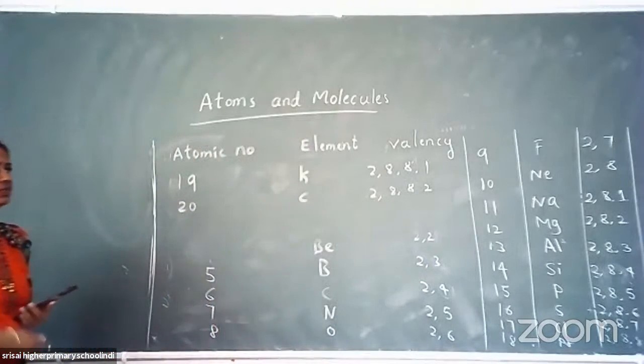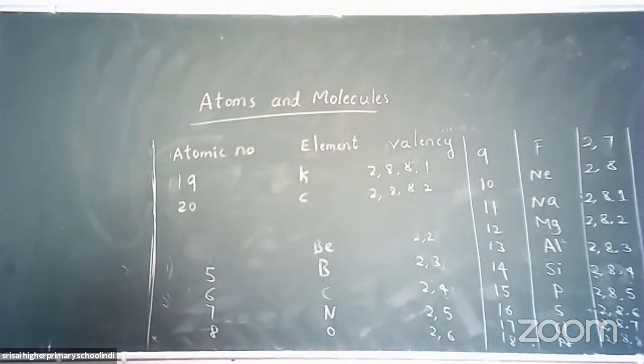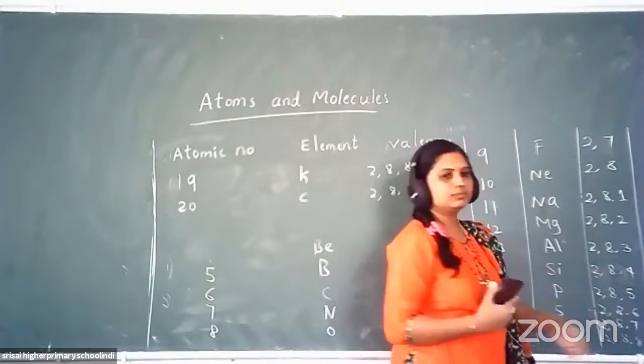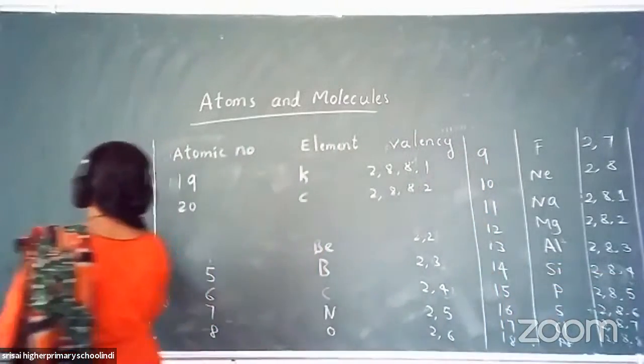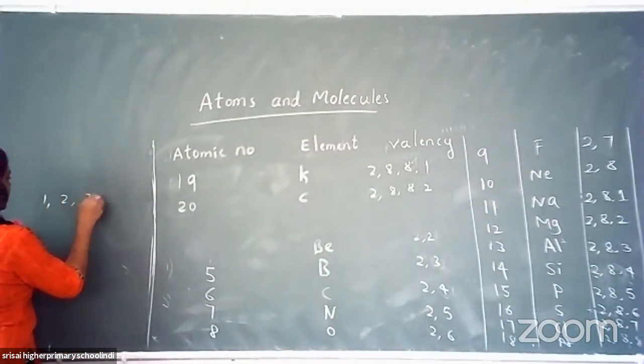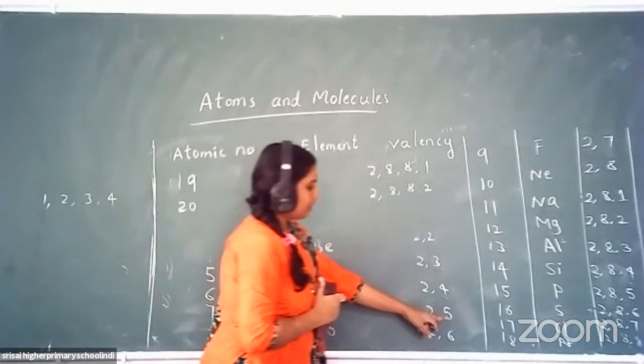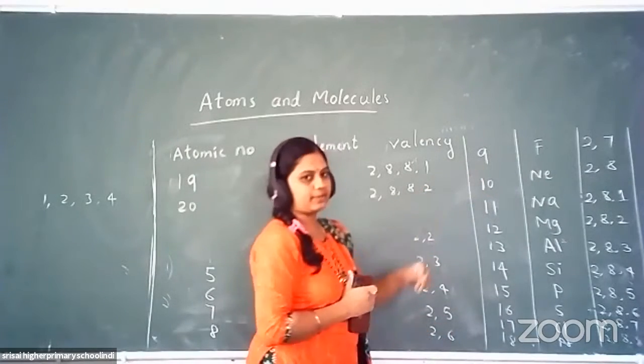Okay, students. So how to find the valency number? You know the last number of valency is 4. 1, 2, 3, 4. Now you can ask the question that a 5 is there, a 6 is there, a 7 is there.